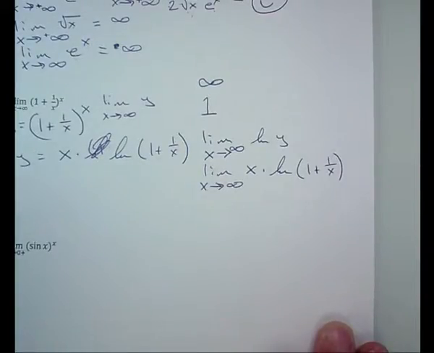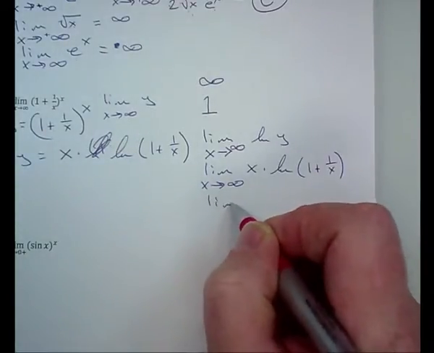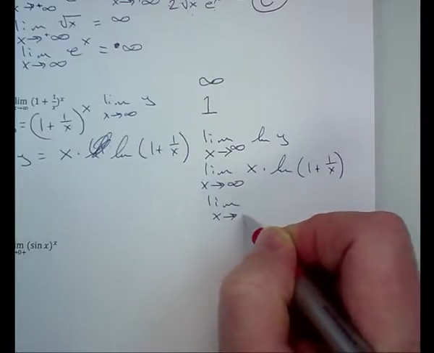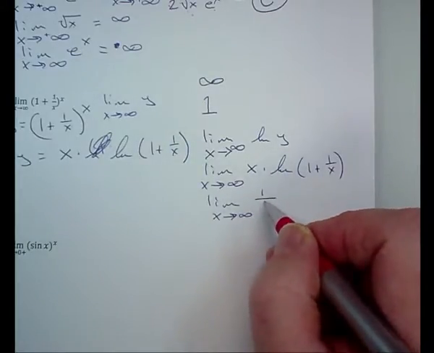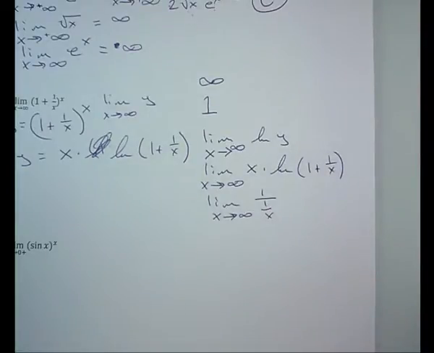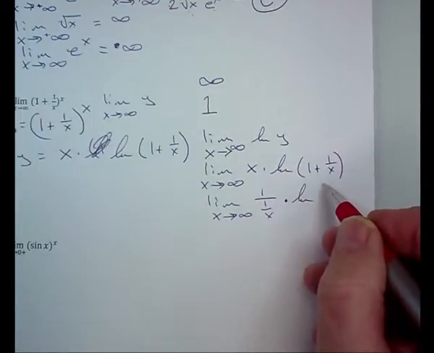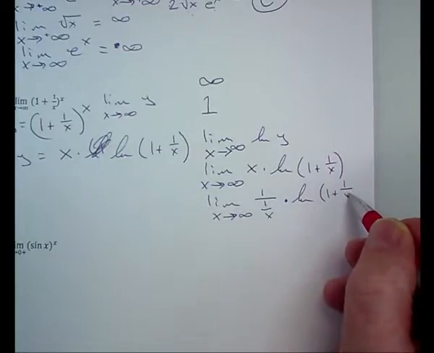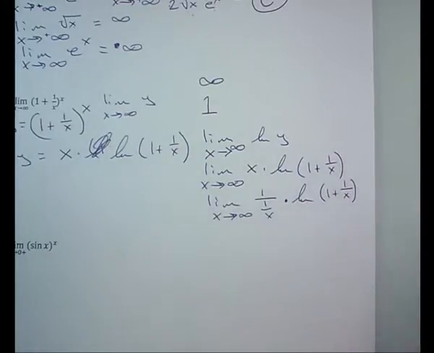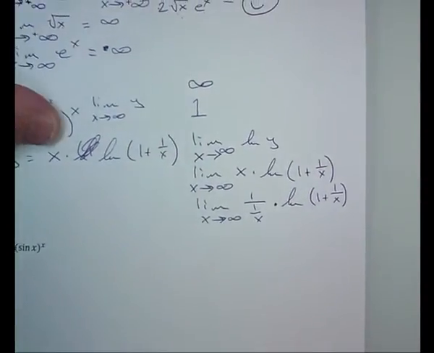Okay, everything okay so far? So now I'm going to take the limit as x approaches infinity, and I'm going to write x as 1 over 1 over x, times the ln of 1 plus 1 over x. I didn't say natural log, though. I wrote it but didn't say it.